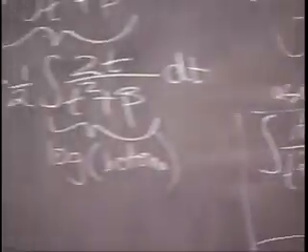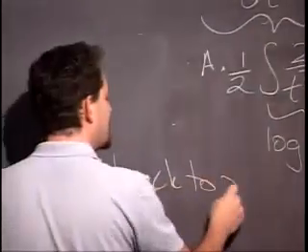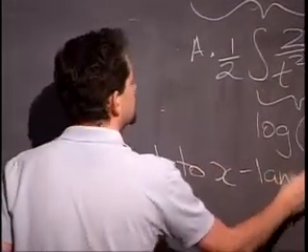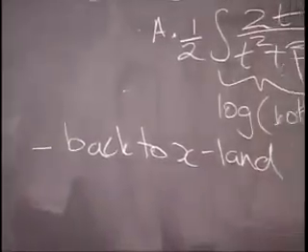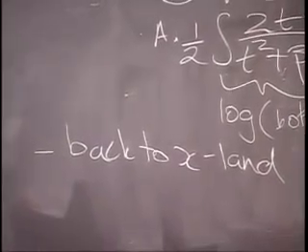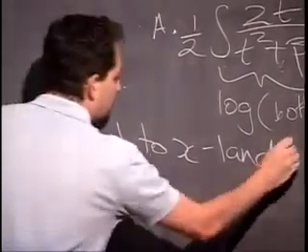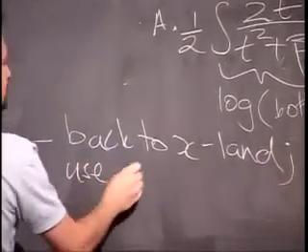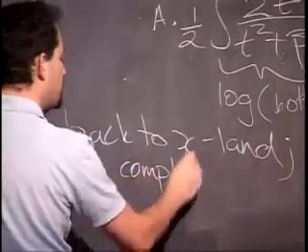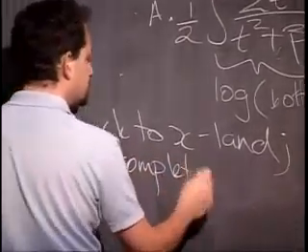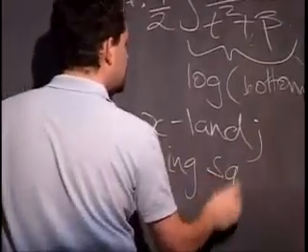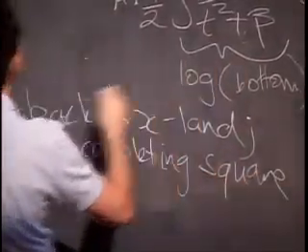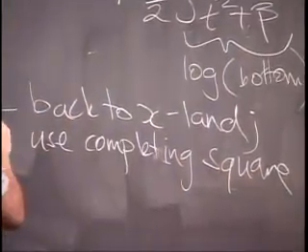Finally, back to x land. By reversing the substitution, use the completing the square formula, which you did back up there.